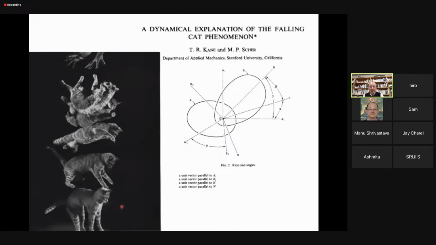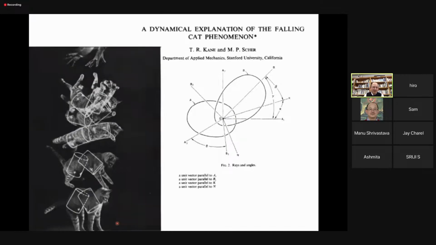This is very simple, but very interesting and inspiring. The paper by Kane explains the falling cat: why, when you drop a cat, it rotates naturally and then reaches the ground. He explained this mechanism with a simple model. Two drums are connected at some specific point and rotating.